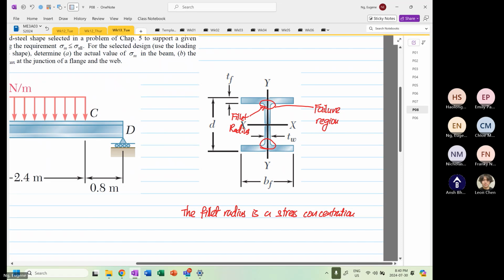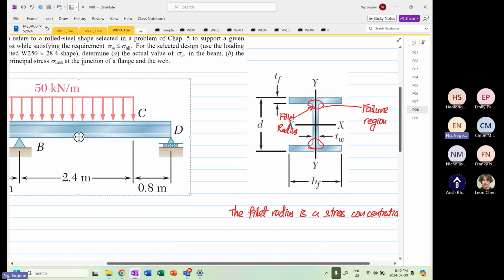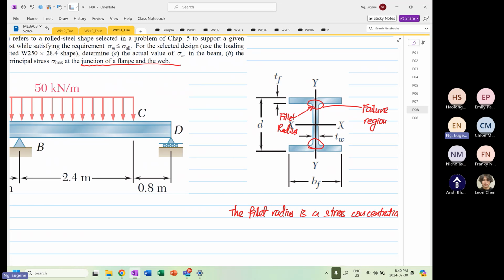So at the fillet radius, you're going to have very high stresses, and the failure will occur at the junction of the flange and the web. This is well known. Failure will not occur at the furthest distance away from the centroid, or at the centroid. It will fail at the junction of the flange and the web because of the fillet radius, which is a stress concentration.